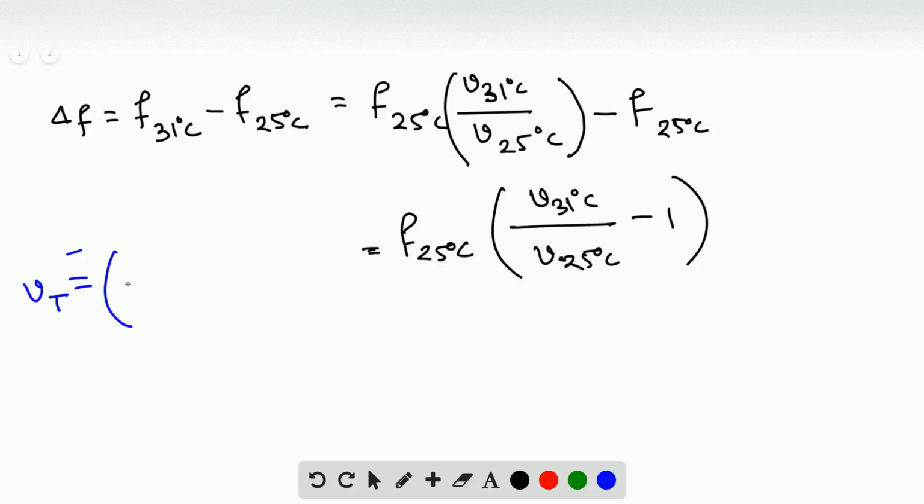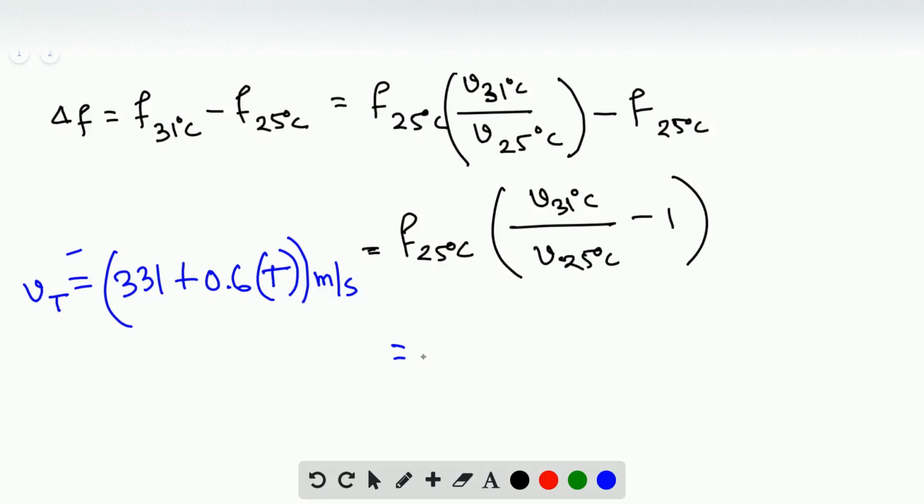This is given as 331, which is the speed of sound at 0 degrees Celsius, plus 0.6 times the temperature, in meters per second. For 31, this is going to be 31. For 25, this is going to be 25.